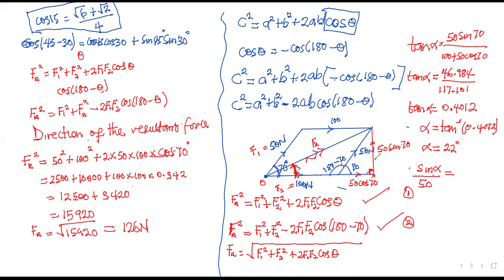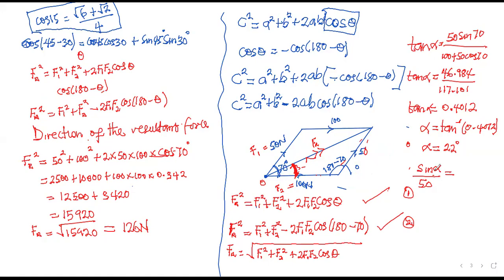Don't forget, I brought this for the sake of using Pythagoras theorem. So originally, this is not here. You understand this as we move on. But originally, this is what we have. And so if there's the angle, the side which is opposite to the angle is this side, the 50 Newton.